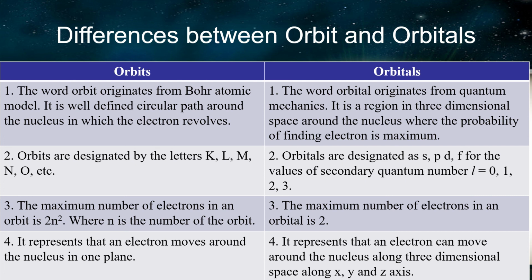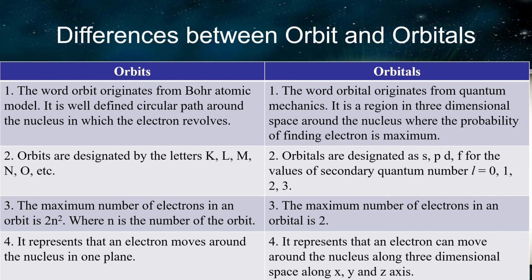Orbits are designated by the letters K, L, M, N, O, etc. Orbitals are designated as s, p, d, f for the values of secondary quantum number l equal to 0, 1, 2, 3. The maximum number of electrons in an orbit is 2n square, where n is the number of the orbit, and the maximum number of electrons in an orbital is 2.